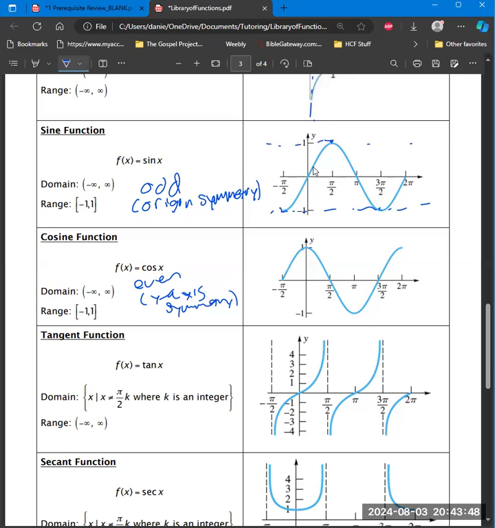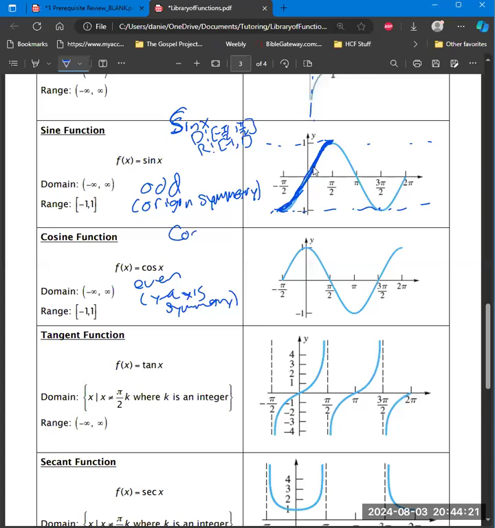It's going to be important when we restrict this later to know that the restricted capital SIN of x is restricted to have a domain of -pi/2 to pi/2, and its range is also -1 to 1. We want to get all the output values possible, but only get them one time. It's going to be 1 to 1.